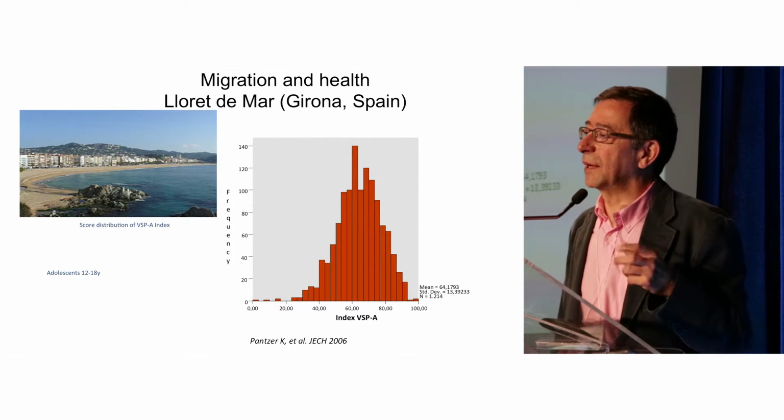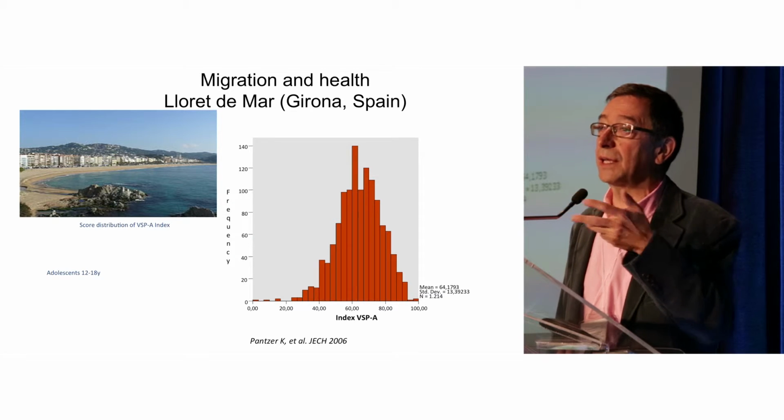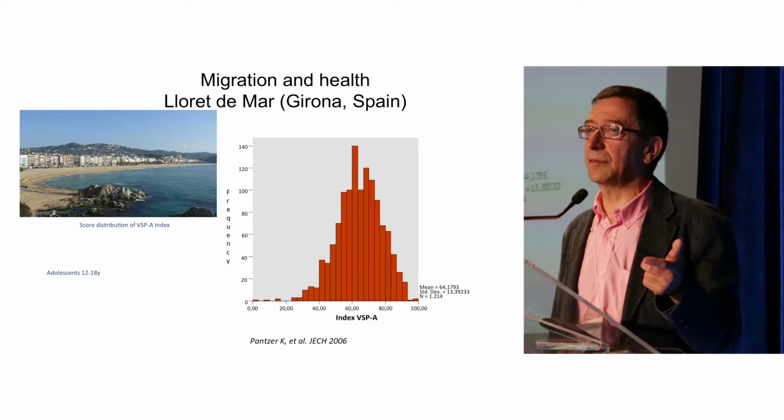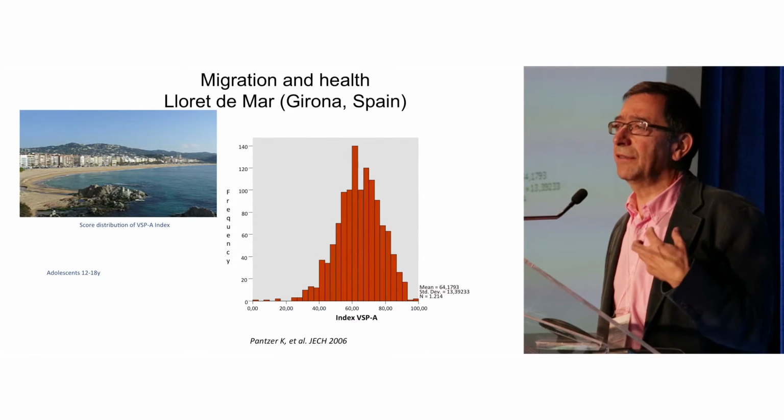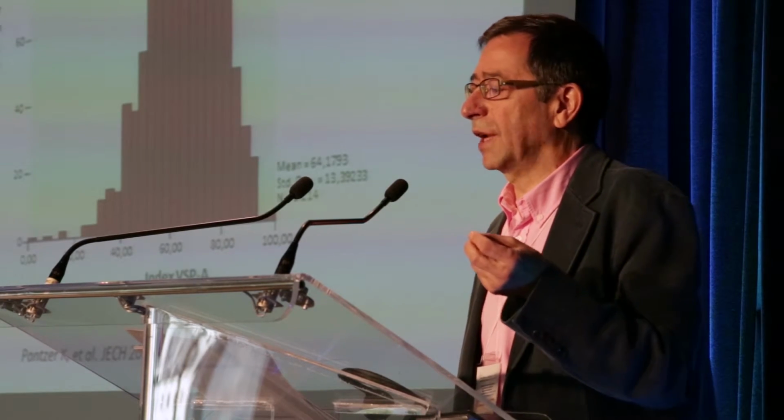This is an example using the Vécu ex ante perçu de l'adolescent, developed in Marseille, France. Ten years ago, when in Catalonia we received a lot of young immigrants, mainly from Iberoamerica and Africa, managers and pediatricians from Costa Brava, a place in Catalonia, asked us if there were inequalities in perceived health, and if they needed to start any specific program addressed to this population.